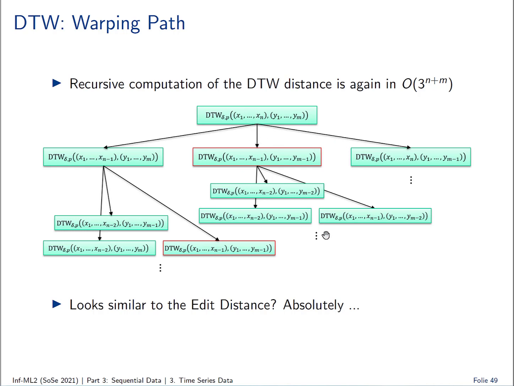So in the worst case, you have 3 to the power of n plus m calls that you have to compute, and of course many of them are redundant. So it looks similar to the edit distance, absolutely. It's more or less exactly the edit distance that we do here.